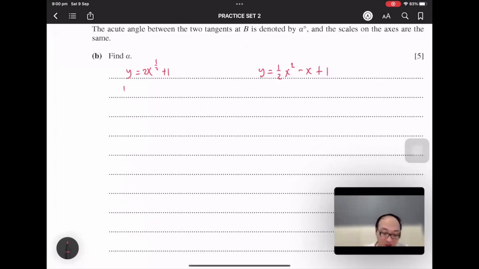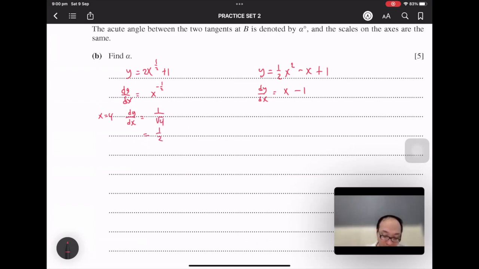So we have to find the derivative first. So this is x to the negative 1 over 2. This one, x minus 1. So the gradient when x equals to 4 is equals to 1 over root 4.